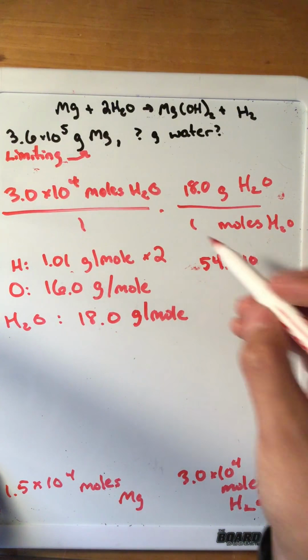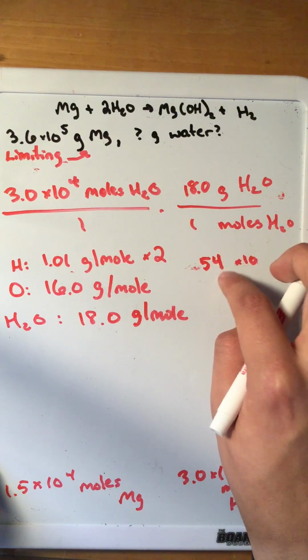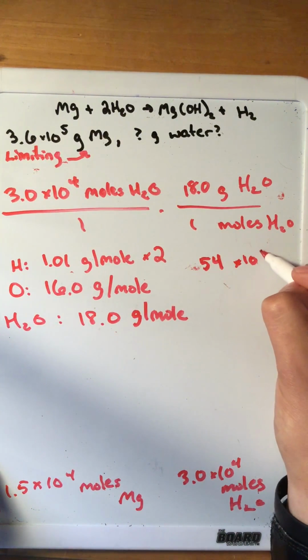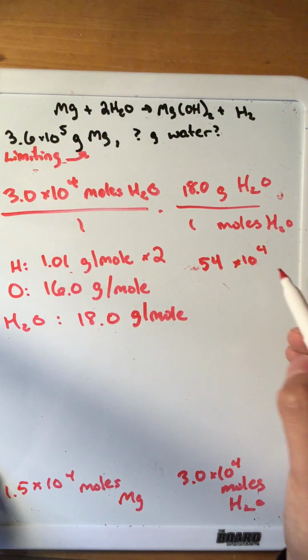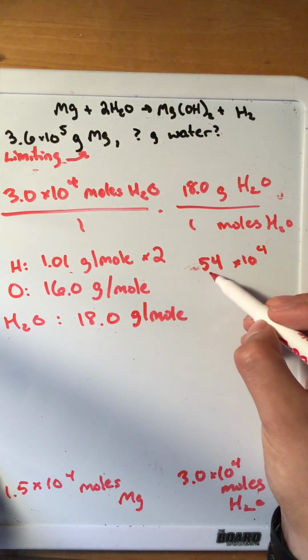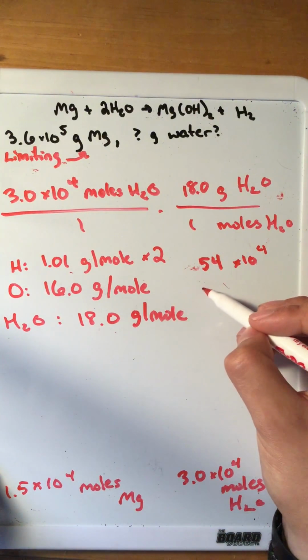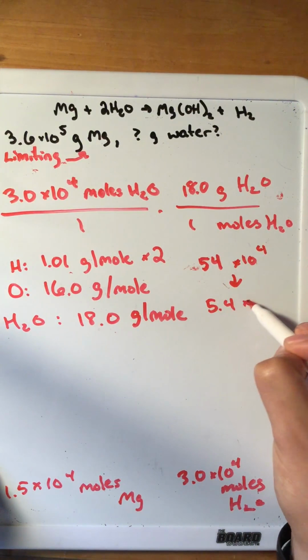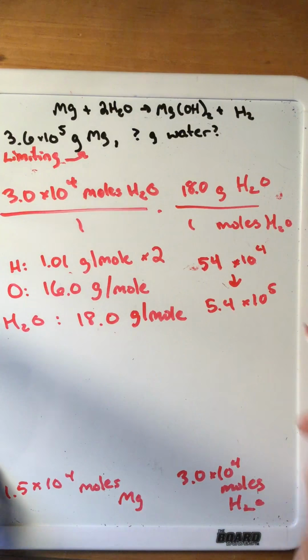Really 54.0. Well, actually no, because this only had 2 significant figures. So 54 times 10 to the 4th. But that's not really how we write significant figures. In scientific notation, we would instead write it 5.4, and we add 1 there to show that we have a higher number. So it's actually 5.4 times 10 to the 5th.